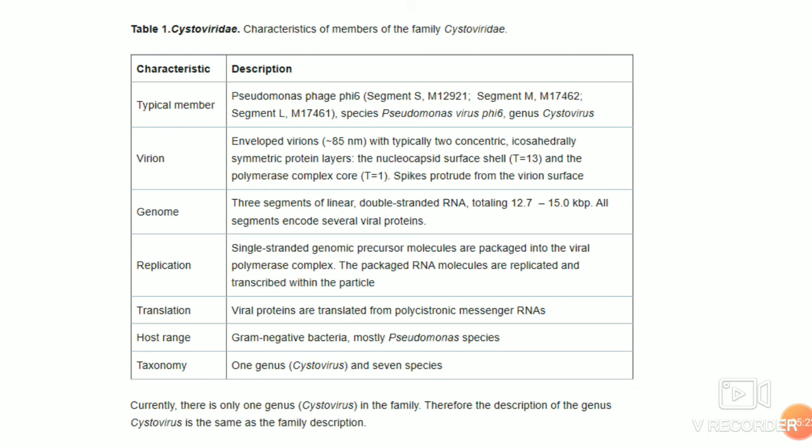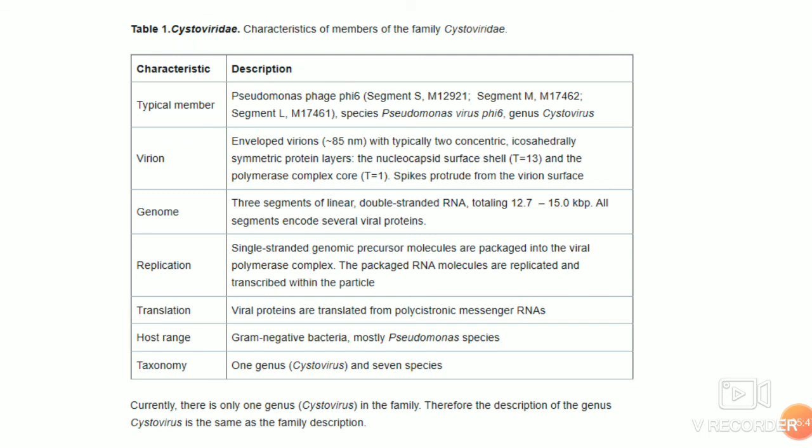The genome is trisegmented, linear double stranded RNA, and replication is by single strand genomic precursor molecules packaged into the viral polymerase complex. The packaged RNA molecules are replicated and transcribed within the particle.